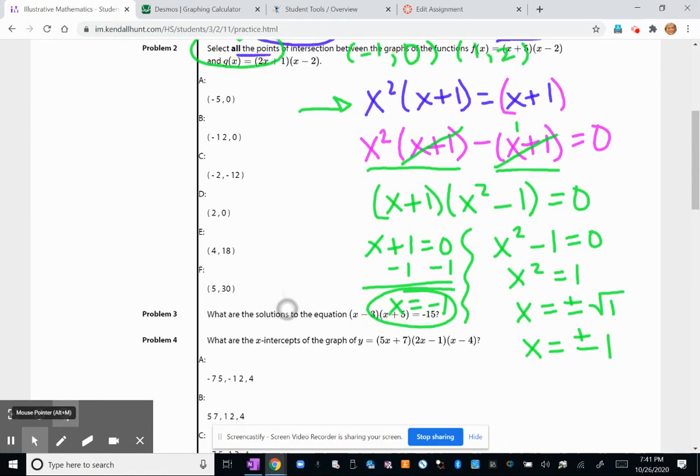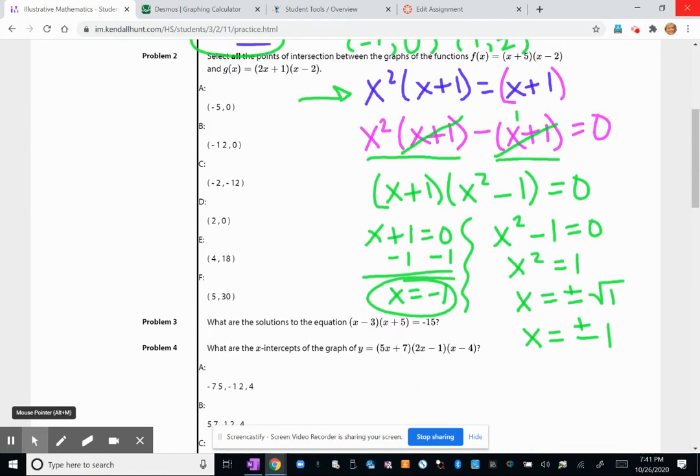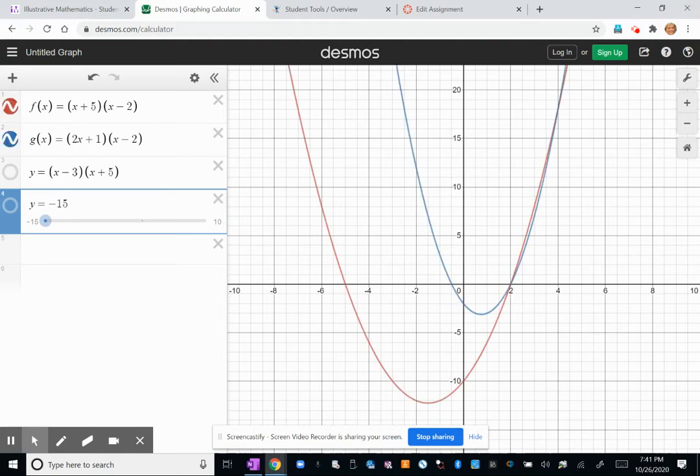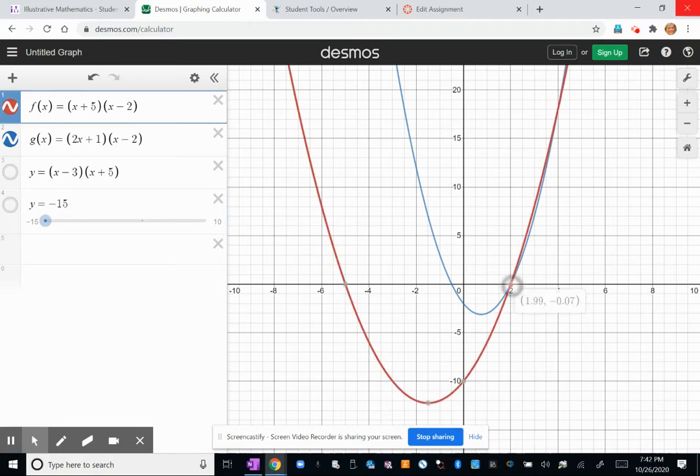For problems 2 and 3, I chose to graph on Desmos to find those solutions. Here's f of x and g of x on number 2, and I'm supposed to find their points of intersection. So I just graphed them. Desmos has a really cool function where if you touch the graph twice at a point where they appear to cross, it will show you the solutions.